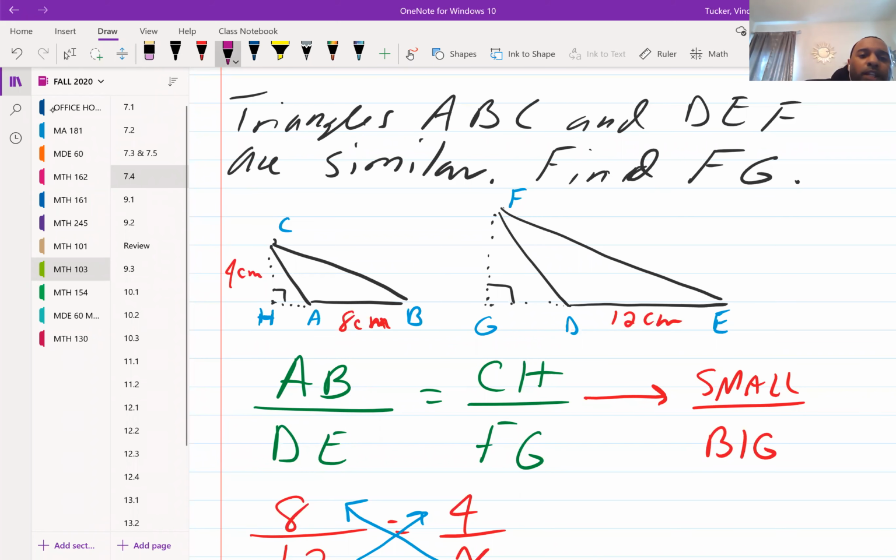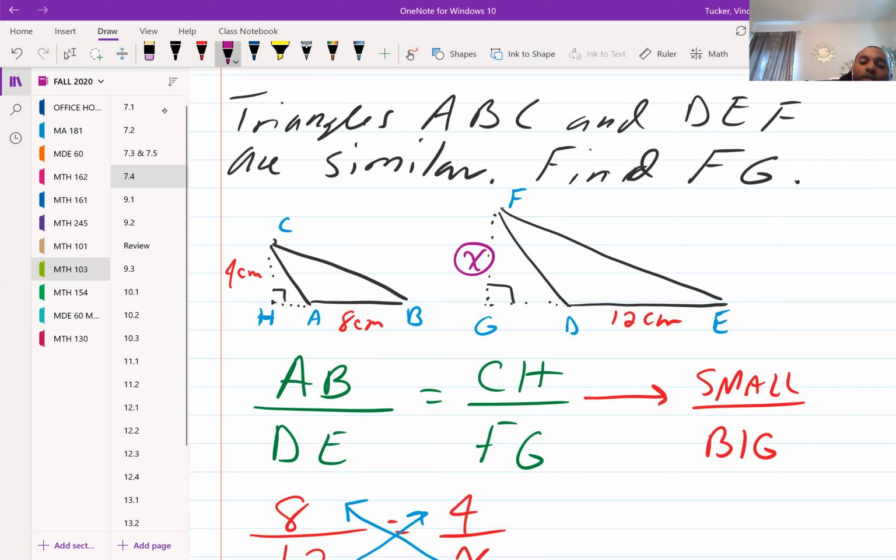You notice that they give us the height of the smaller triangle, which is 4, and the base of the smaller triangle, which is 8. Then they give us the base of the larger triangle, but they do not give us the height of the larger triangle, and that's the one we want to find.